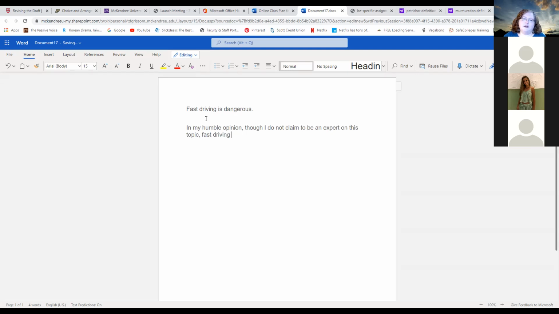Fast driving would seem to be rather dangerous, or at least so it would. Please don't do that. Instead, add those examples, descriptions, and explanations, because those are the things we really need.